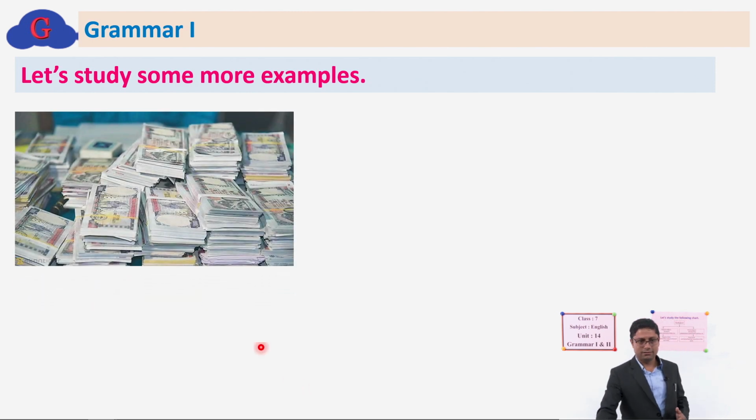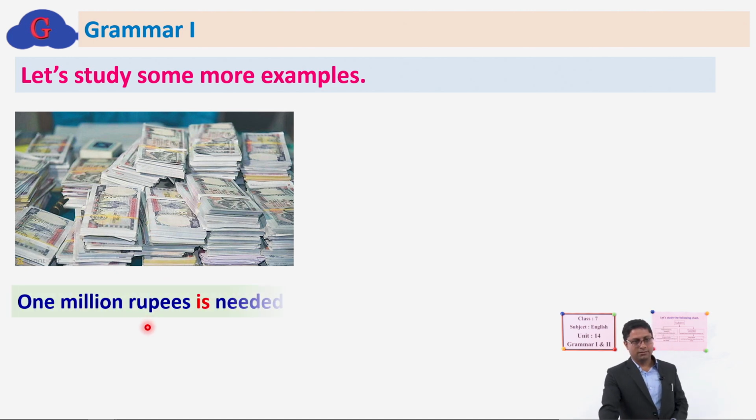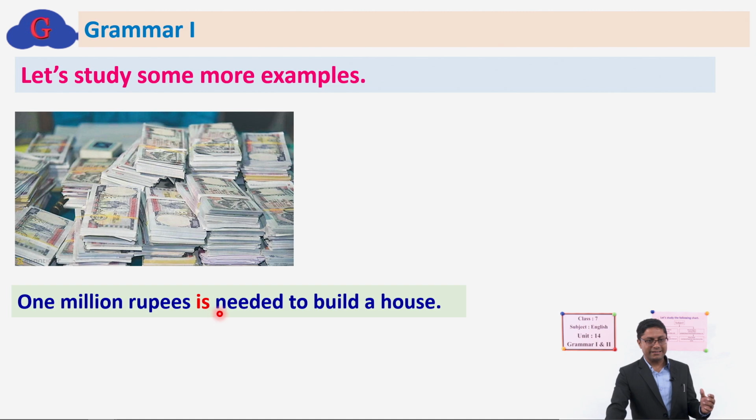So, a huge amount of money. Now, see, 1 million rupees is needed to build a house. See here, it looks like plural, 1 million rupees, but we have used a singular form of the verb, "is". Do you see that?